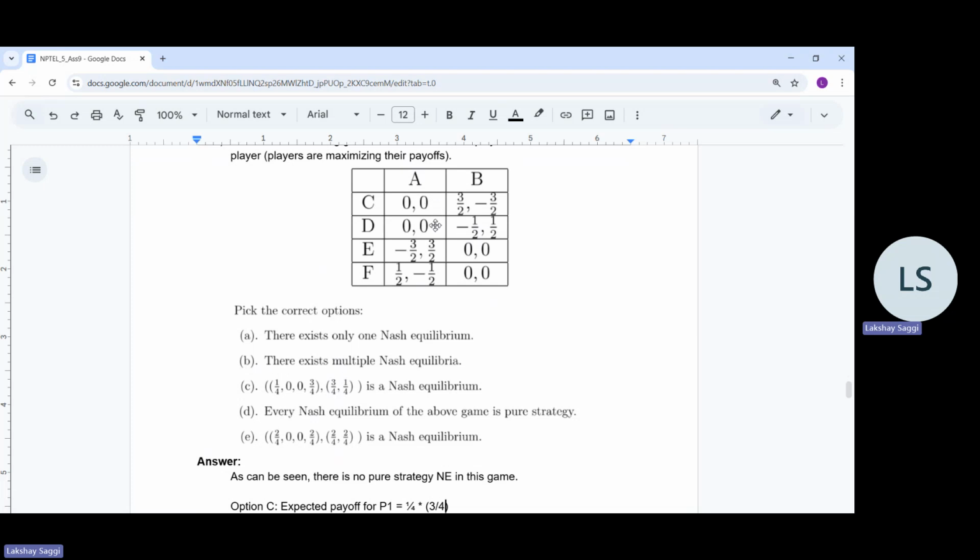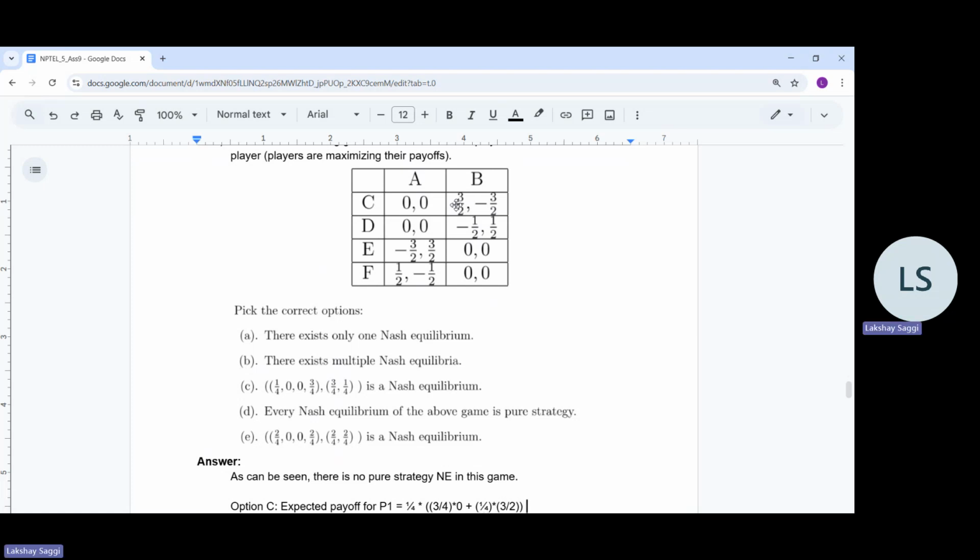So 3/4 times 0, plus the row player is still playing this with 1/4, but the column player is playing strategy B with probability 1/4, times 3/2. So this is the payoff for the row player from this row.